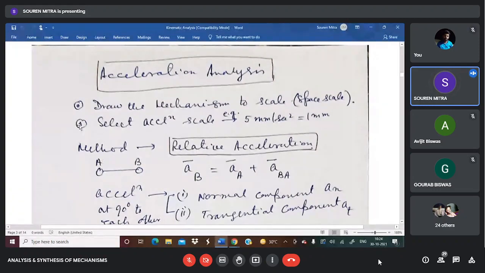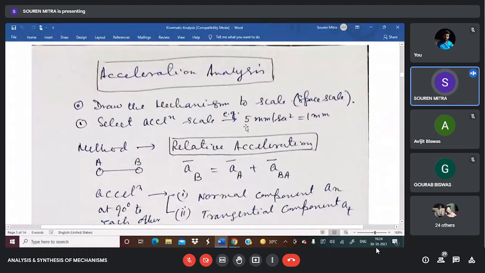Okay, so in between these two, you also write one line that first you have to draw the mechanism to scale, then you have to complete the velocity analysis and determine all the unknown velocities of the links, particularly the output link where we want to determine the accelerations. And then we go for acceleration analysis.